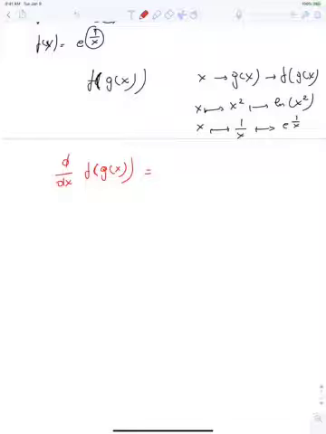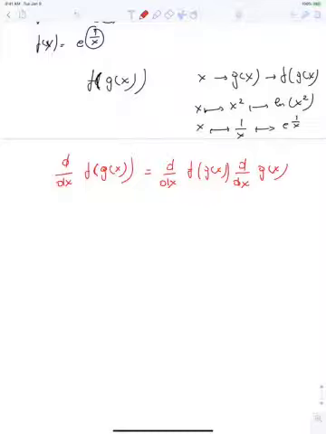So it is a little bit redundant to clarify every time that we're computing the derivative with respect to x. But this is only because in calculus 1 we deal with functions with one variable. So this is going to be the derivative of f computed in g of x times the derivative of g of x.